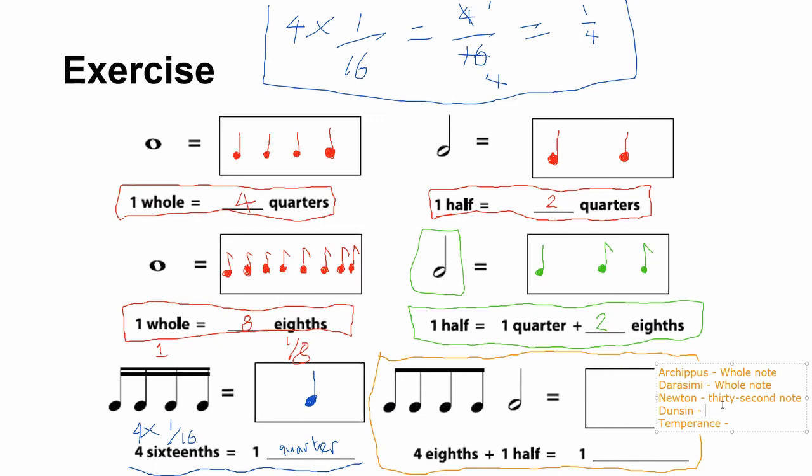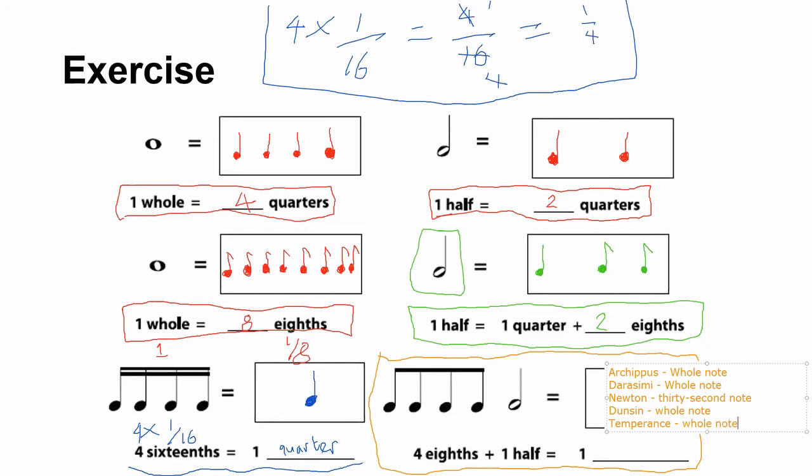Okay, I think our time is gone, so let's round up. All right, so. Sir, the answer is 1. One what? A whole note. So what you're saying is it's one whole note, okay? That's Temperance. Yes, sir.